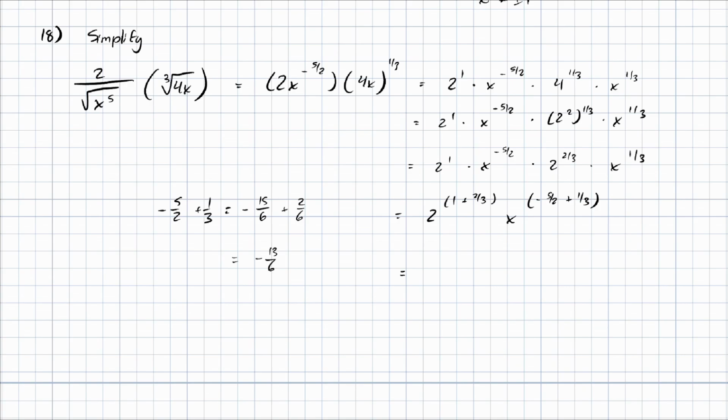So I will have 2 to the 5/3 times x to the negative 13 over 6. This is 2 to the 5/3 on top, x to the 13/6 on bottom, and rewrite this as, 2 to the 5 is 2, 4, 8, 16, 32. This is the cube root of 32.